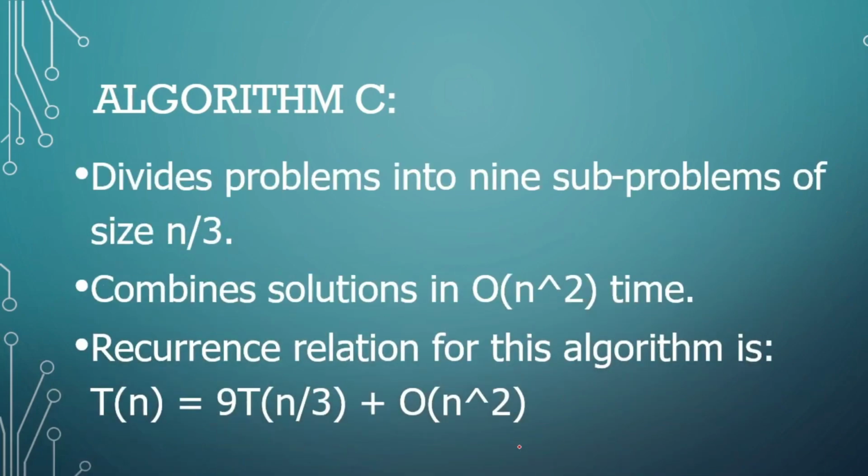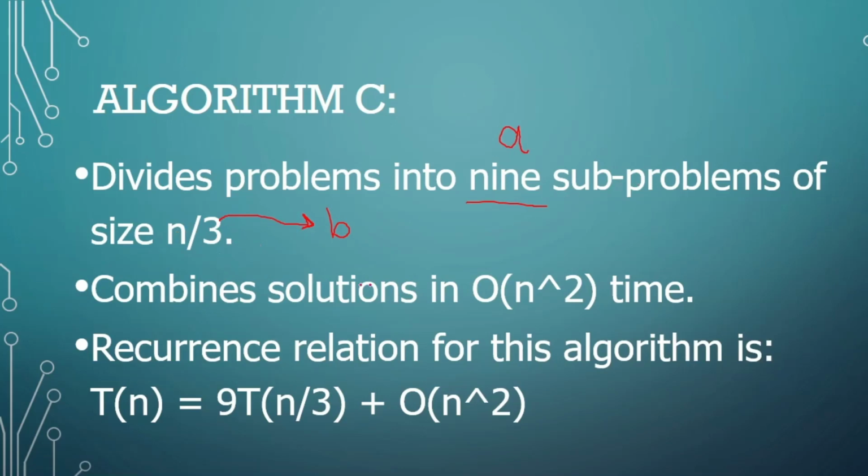Last problem here is problem C. Algorithm C solves a problem by dividing it into 9 subproblems, and each subproblem is n over 3, so b is the factor by which we divide the big problem n into smaller subproblems.